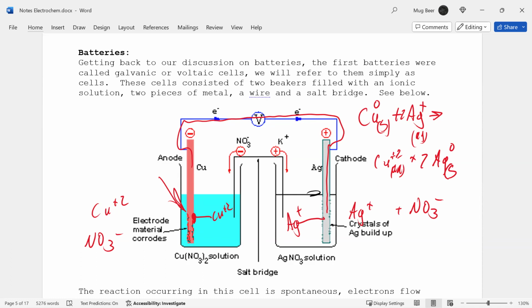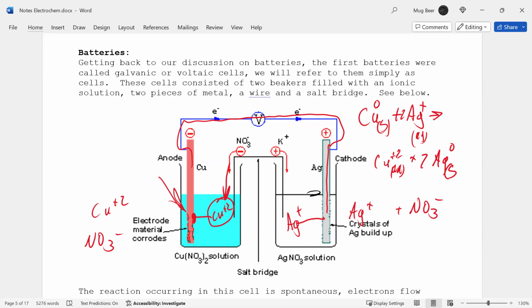So the way that we deal with that is I've got something called the salt bridge. It looks like a test tube with cotton in it, and the test tube is U-shaped. Both ends are open. I've got it filled up with a saltwater solution. And so what happens is when the copper comes into the solution, a couple of nitrates from this potassium nitrate solution go in here, and they neutralize the charge.